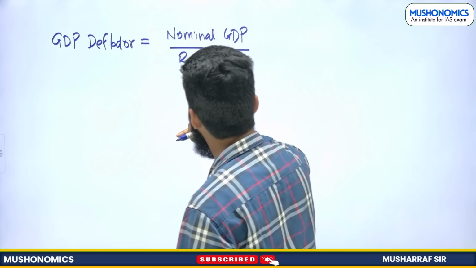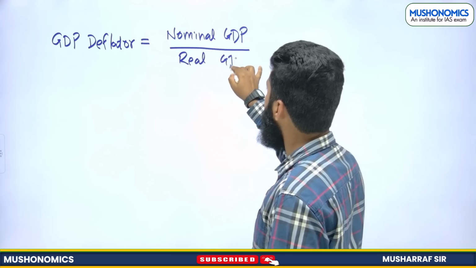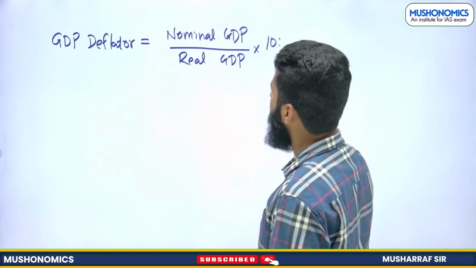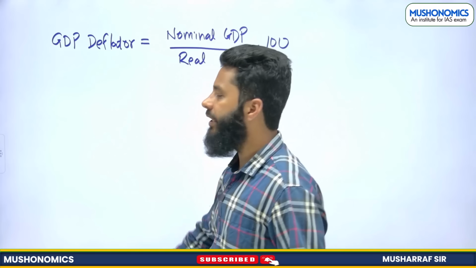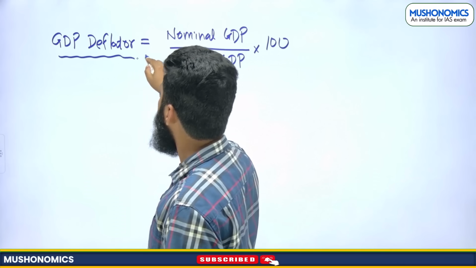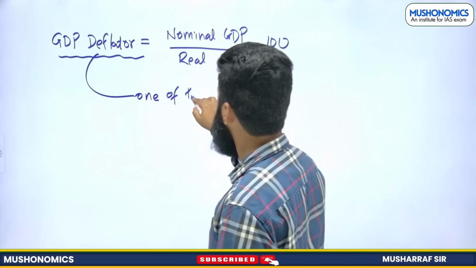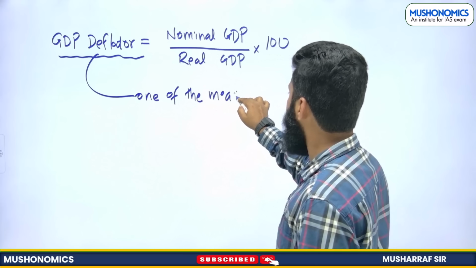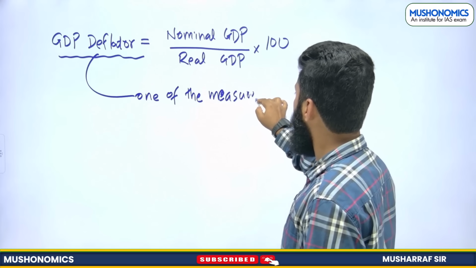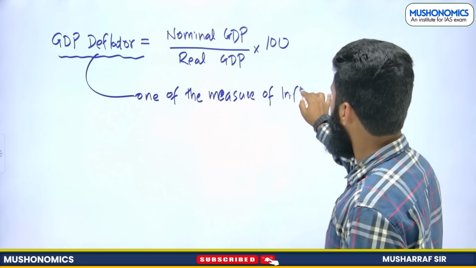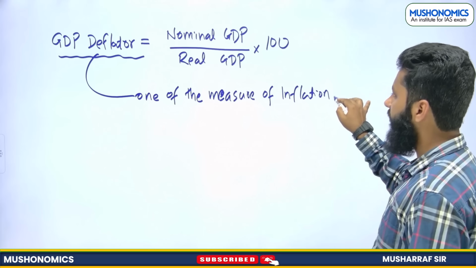This ratio of nominal GDP and real GDP is known as the GDP deflator. The GDP deflator is one measure of inflation. You can measure inflation by the GDP deflator also, but we have to be very cautious here.